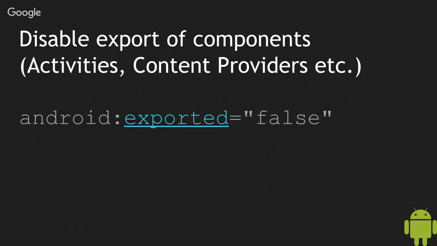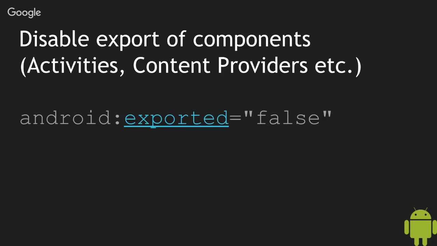This check is enabled by default in Android Studio. So when you see your activity in the manifest, you get some warning that by default your activity is exported.